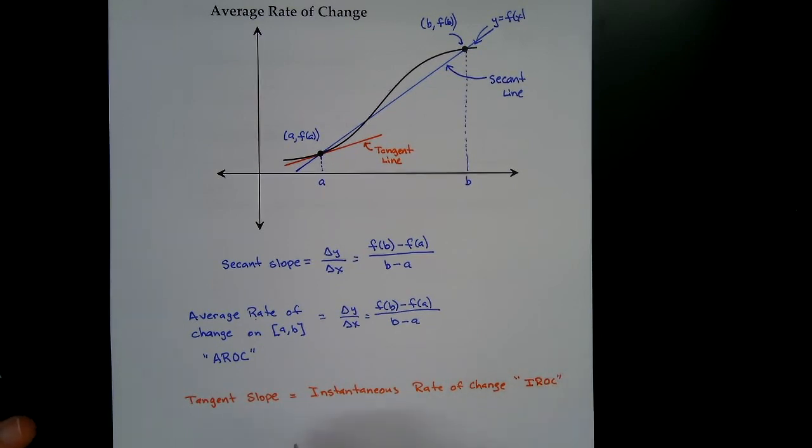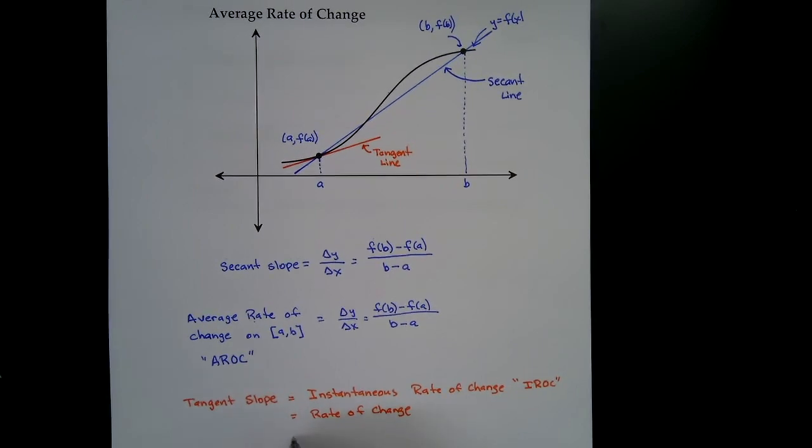When somebody says, find the instantaneous rate of change, what they mean is the tangent slope. You'll also hear them say rate of change. And I should say this, your speedometer on your car tells you your instantaneous speed. So that is an instantaneous rate of change. It's the rate of how two things are changing.